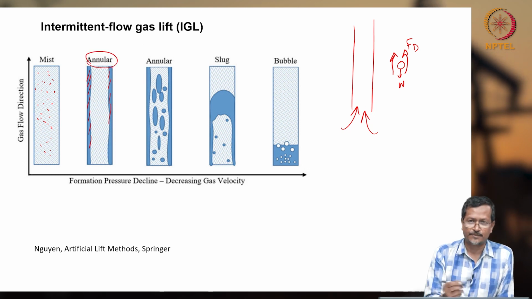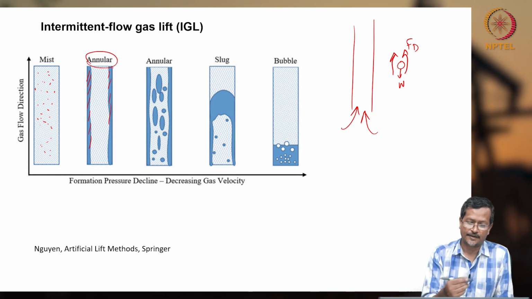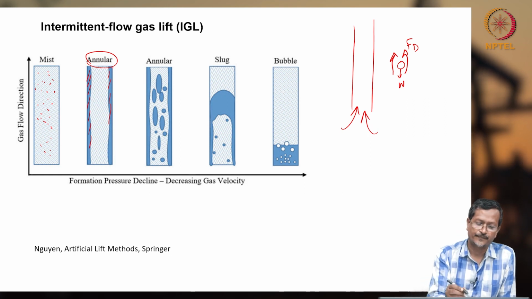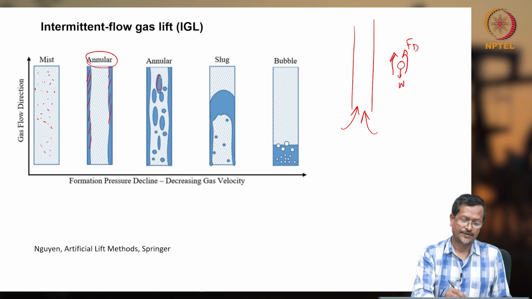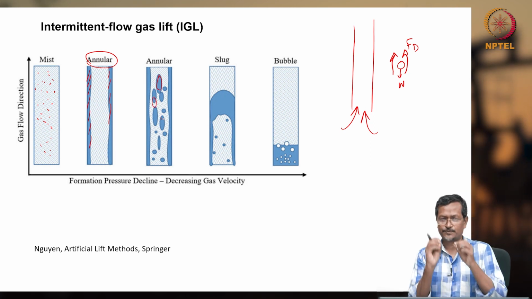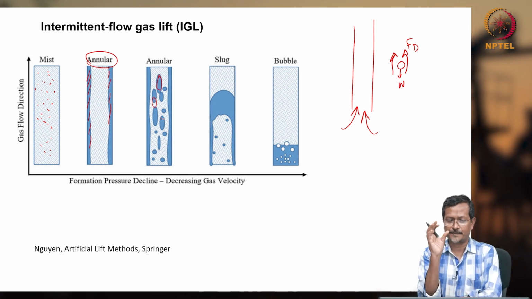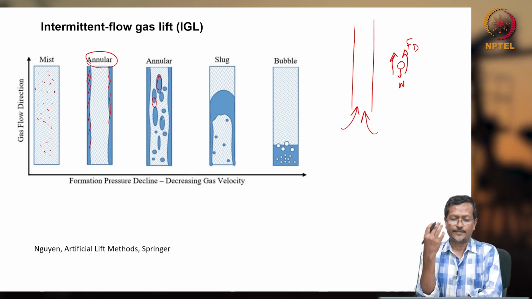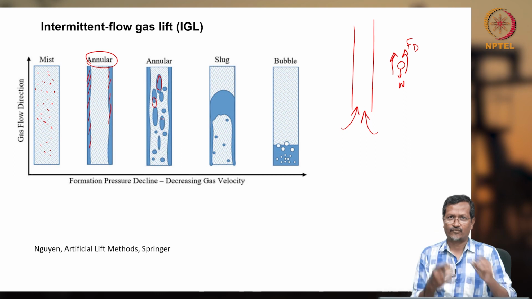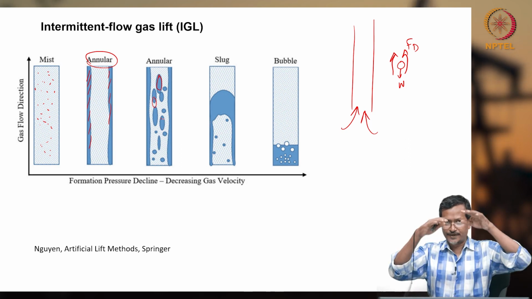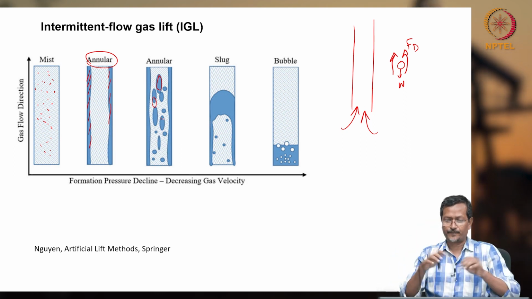We already discussed this in the multi-phase chapter, but look at it again relevant to this. Then you reduce velocity further, and in that case you create some bubbles also; small tiny particles will create bigger bubbles. Then the bigger bubbles will collide, and when colliding they will create slug flow. Again they will collide and slowly move down.